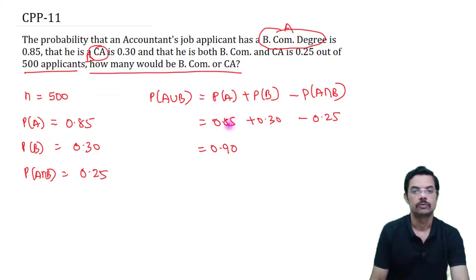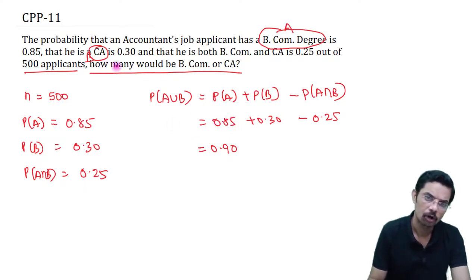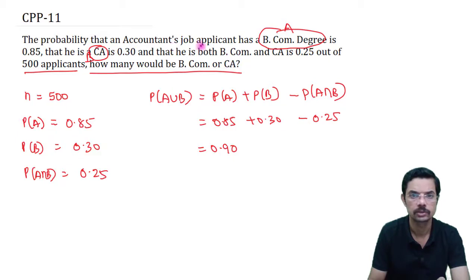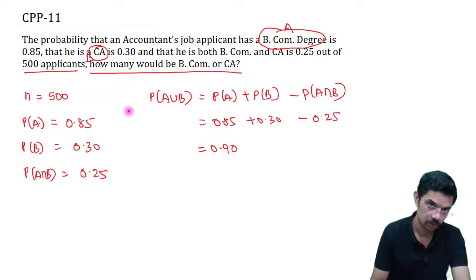0.05. So 0.05 will be this. Okay, so it is 0.90. Now the total number, how many would be BCom or CA? Probability that an accountant's job applicant has a BCom degree, has a CA degree, or both, or none of these. Okay, none of these cases are also there.